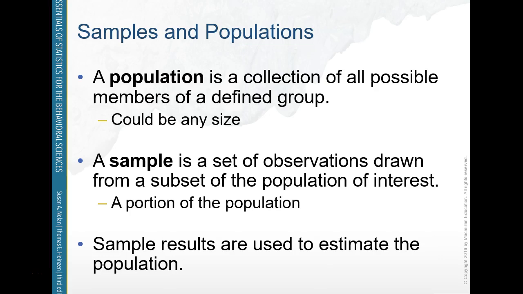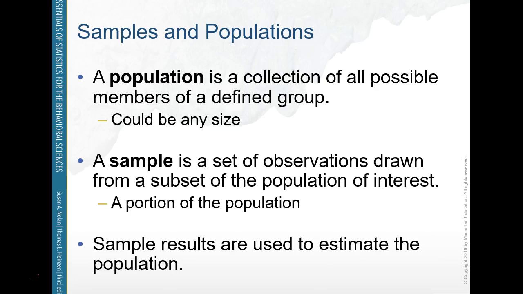So 35 students. That's a pretty small population. If the population is that small, I can probably test the entire population, right? I could send you all out a survey and ask how satisfied you are with this class.